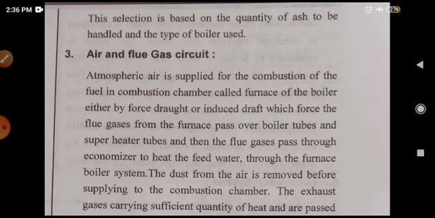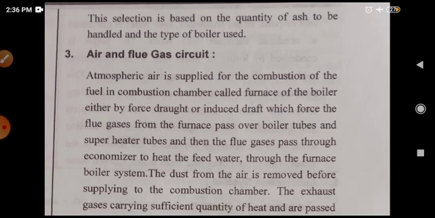So that air we must suck into the furnace. The air supplied to the furnace helps to carry out the combustion of that fuel.